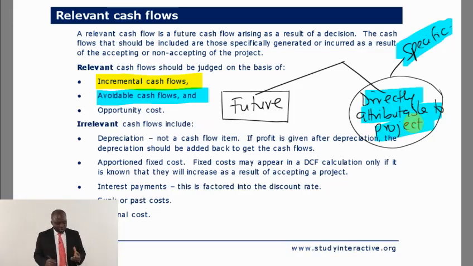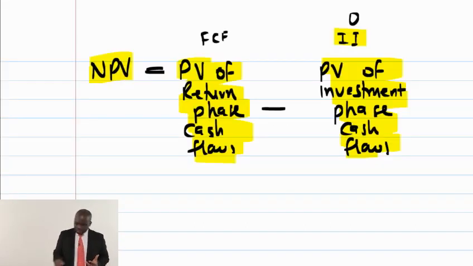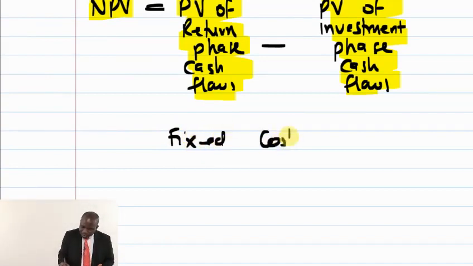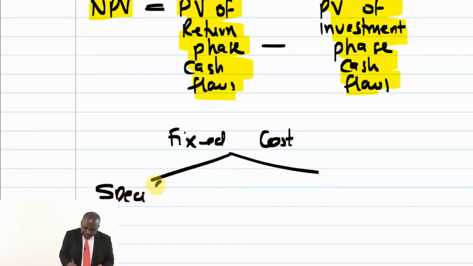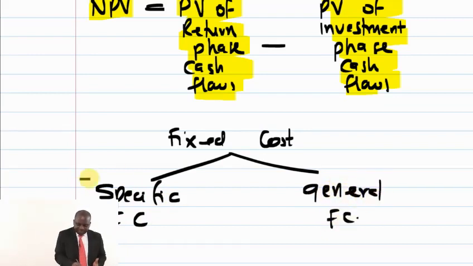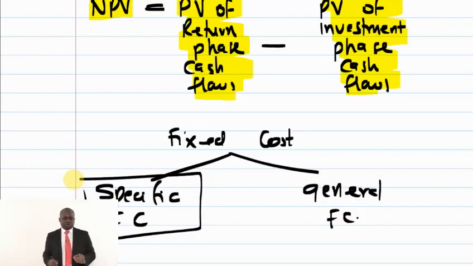So when you are talking about fixed costs, we've got two broad types of fixed costs. We have what is called the specific fixed cost, and we've got what is called the general fixed costs. Specific fixed costs are those fixed costs which are incurred as a direct consequence of you undertaking that particular activity.